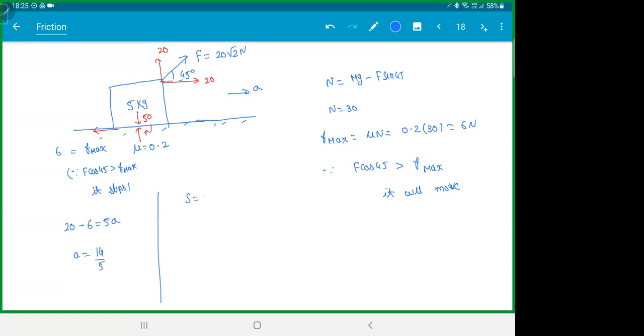You want the distance traveled, S is equal to ut plus half at square. Initial velocity 0, acceleration 14 by 5, time is 2 square. 28 by 5 meters. Anika, you got it right. Adrit, right. Venkatesh, that is wrong. Please check where you messed up. Yeah, 5.6 meters. The common mistake people make is they write N is equal to mg.